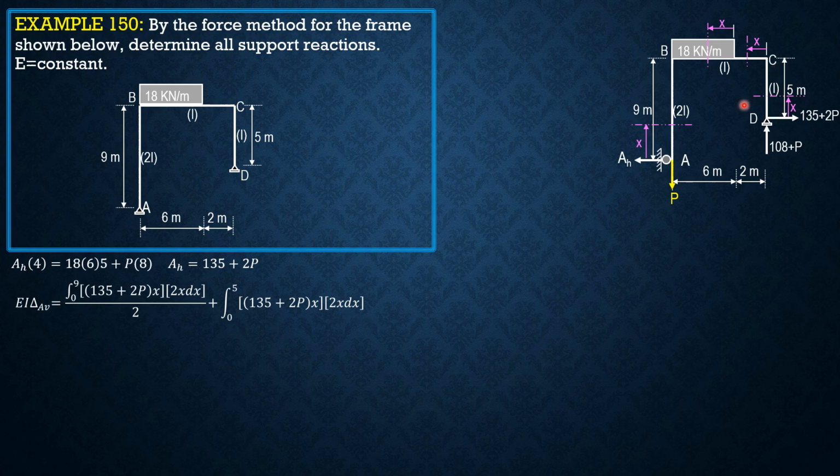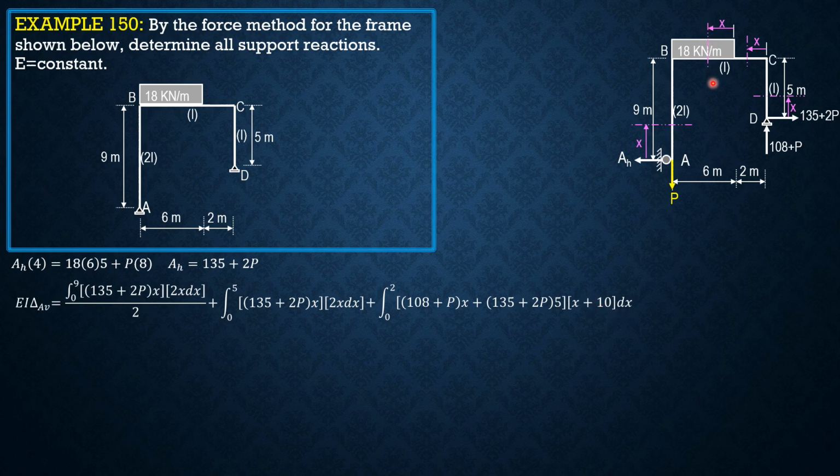The moment of inertia is just I. Then for the next section, we have plus integral 0 to 2 of 108 plus P times X plus quantity 135 plus 2P times 5, the moment at that section. 5 is the moment arm. The partial derivative of this moment equation with respect to P is X, then 2 times 5, P is 10, so plus 10 dx.